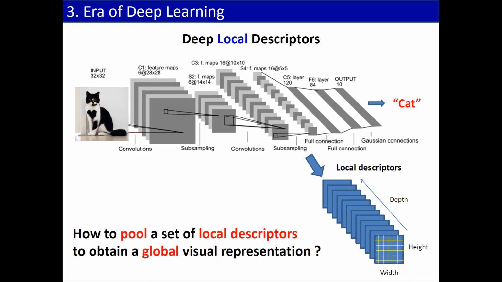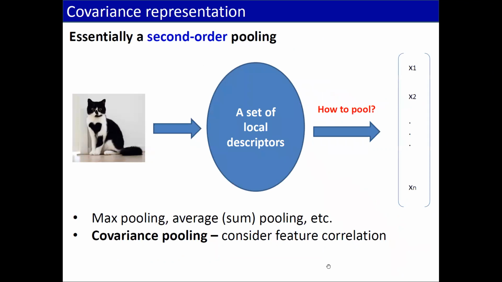Then a question we cannot avoid is how to pool a set of local descriptors into a global representation, because we want to feed it into fully connected layers, then softmax layers, then make a prediction. We use max pooling, average pooling, or something in between, for example, GeM pooling.